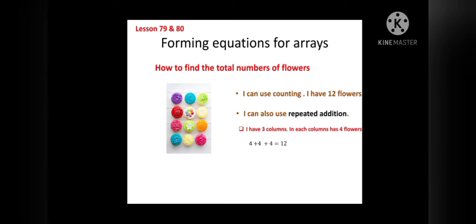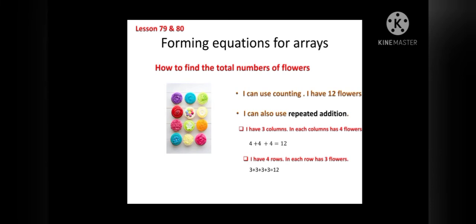Or I can use rows. Ask yourself, how many rows do you have? I have here 4 rows. In each row how many flowers? I have here 3 flowers. So I make repeated additions now. 3 plus 3 plus 3 plus 3, 4 times. I get 12 also.